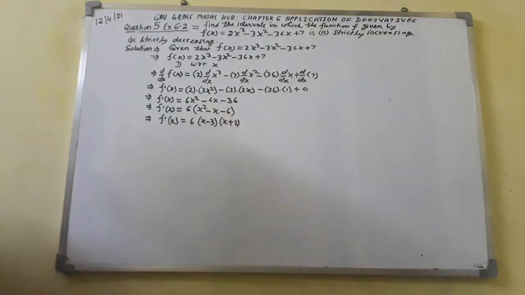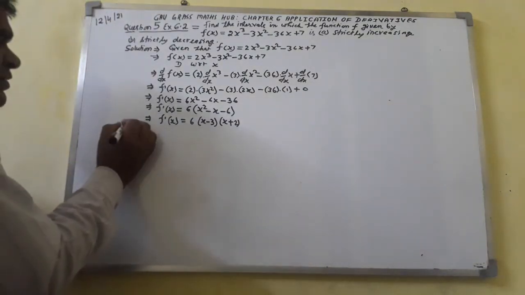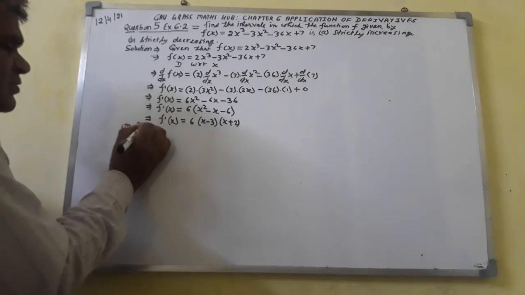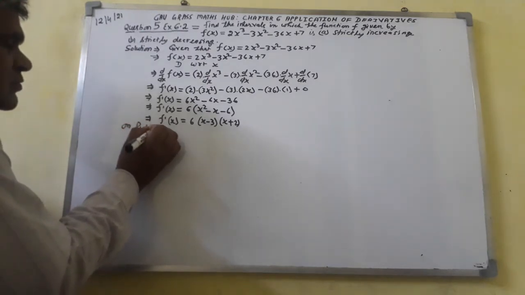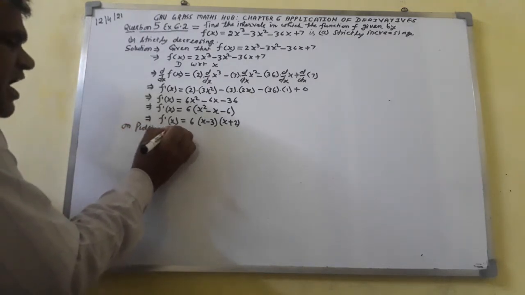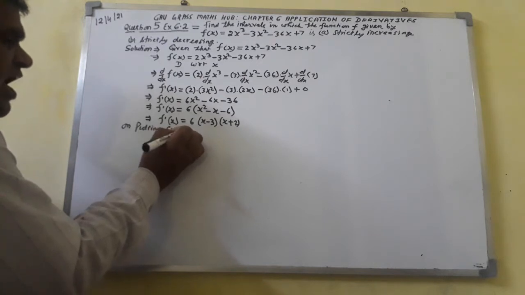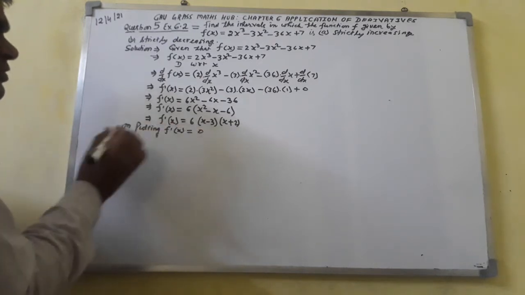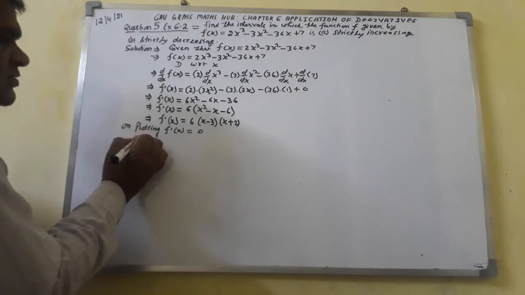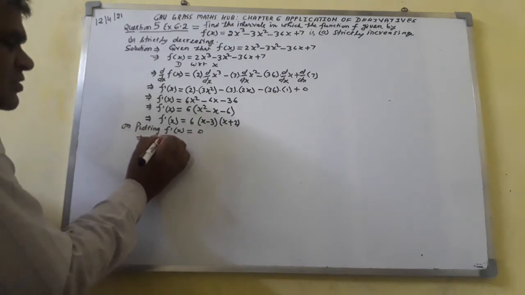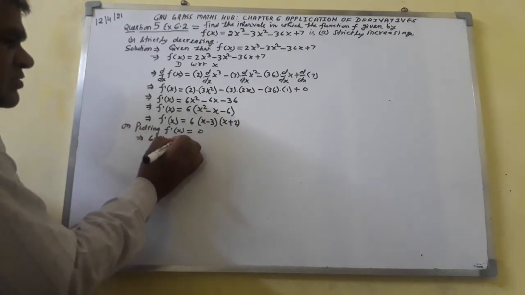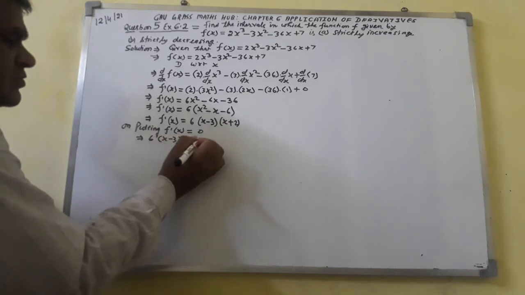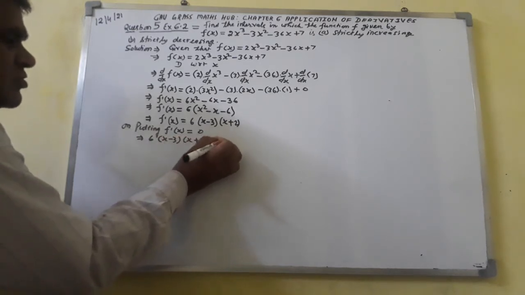Now on putting f dash of x equal to 0, we shall get 6 times (x minus 3)(x plus 2) equal to 0.